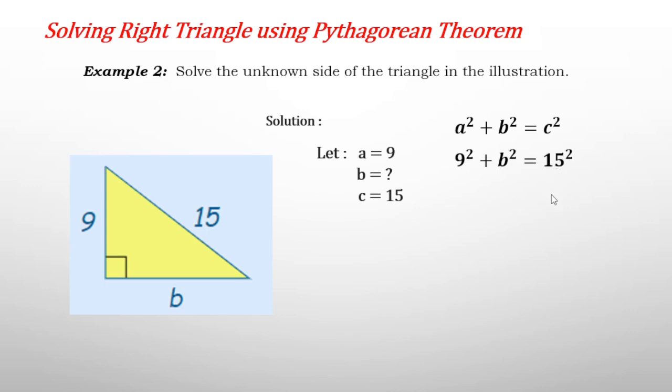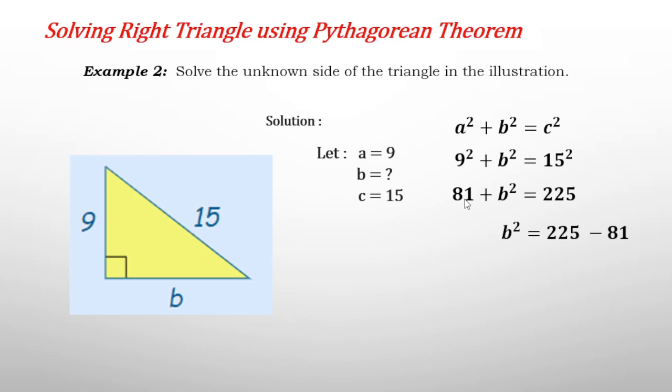Simplifying further, 9 squared becomes 81, because that is 9 times 9. Copy the B squared, equals the square of 15, which is 225.